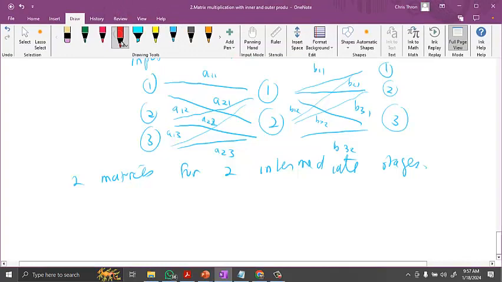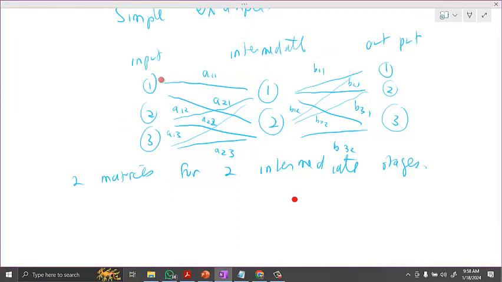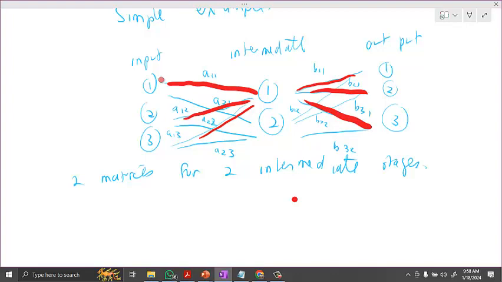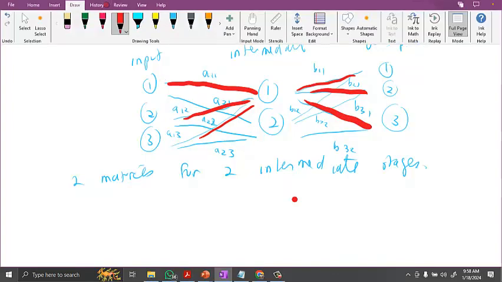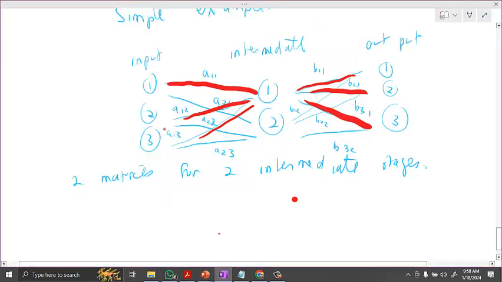So I will look at this one here. The outer product is going to be all the ones that go into here and go out of here. So in this case, what do I have? This is, you can see it's A11, A21, A31. Then here I have B11, B21, B31.